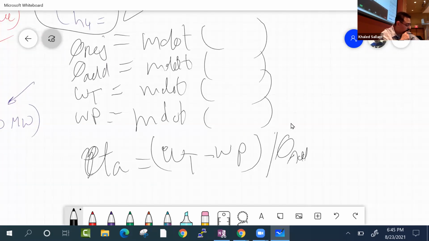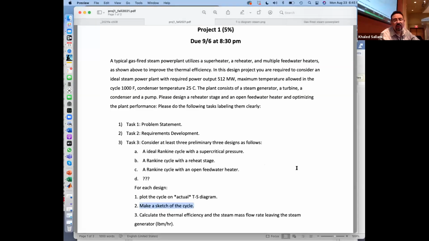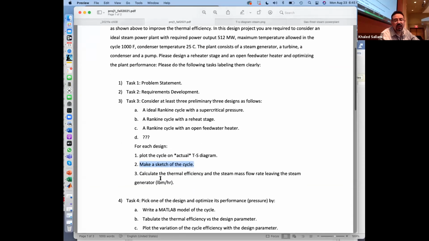So he actually also asked how much M dot is needed to do the job. Look at this. He said calculate the efficiency, we just did, and also the flow rate, the steam mass flow rate leaving the steam generator. How can I do that?